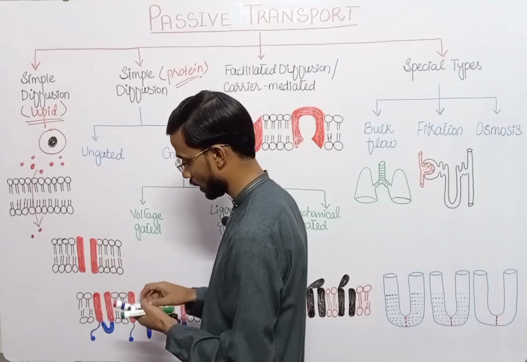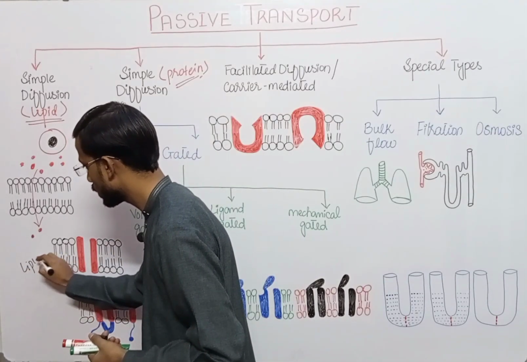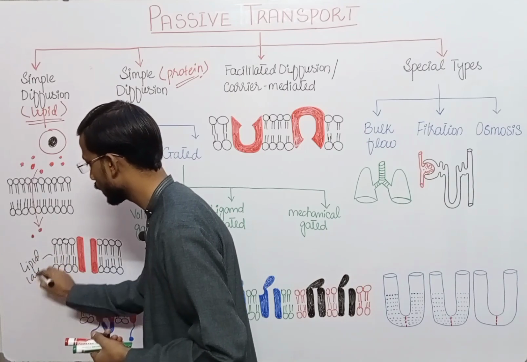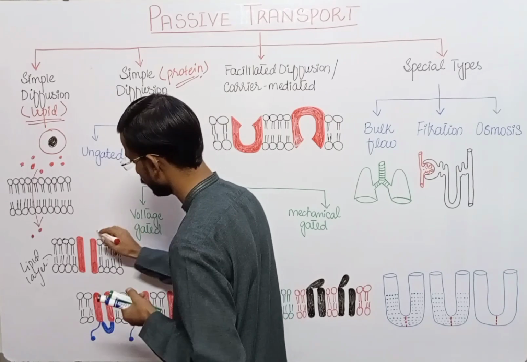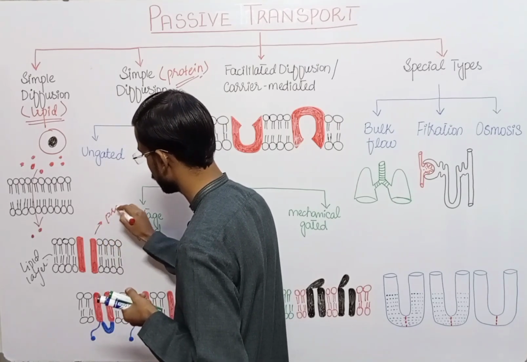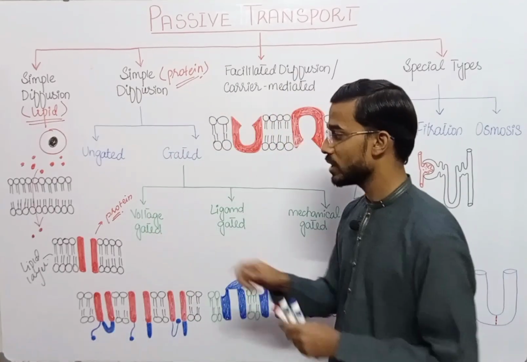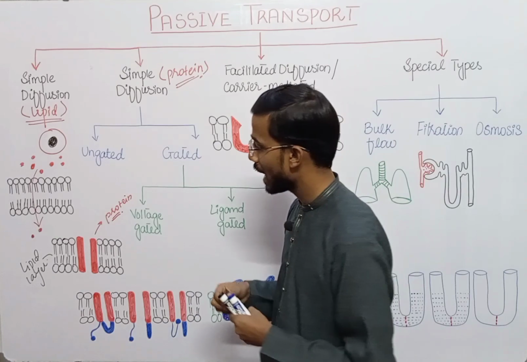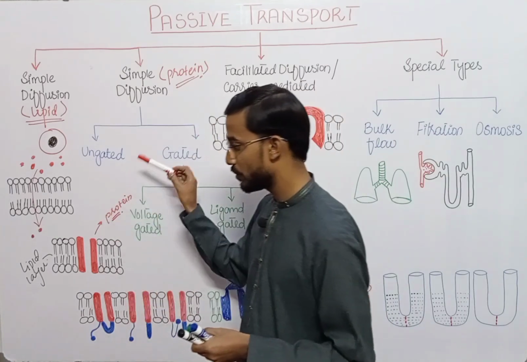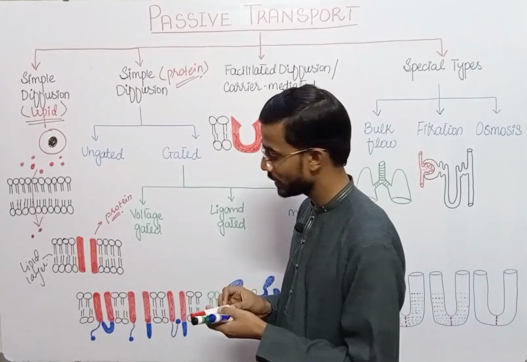Here you can see this is the lipid layer, and this is the protein. So this protein has no gate, and molecules can freely move through it.